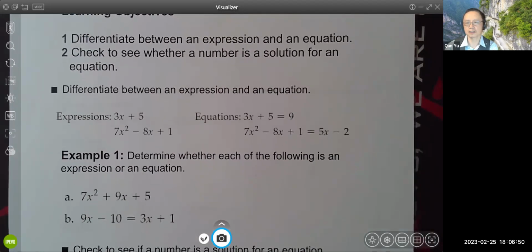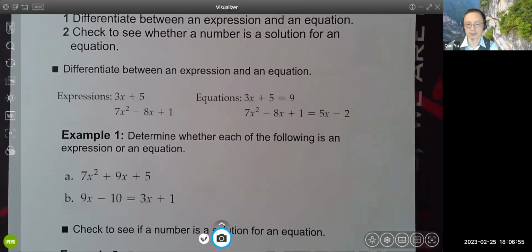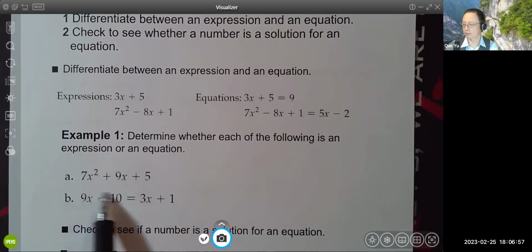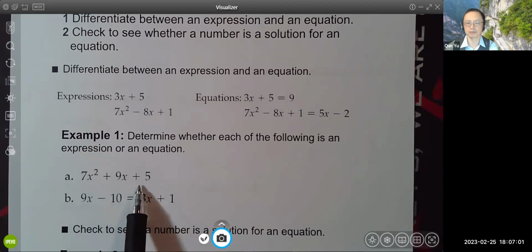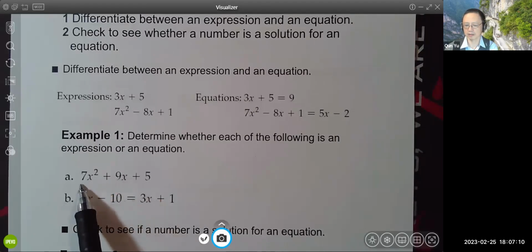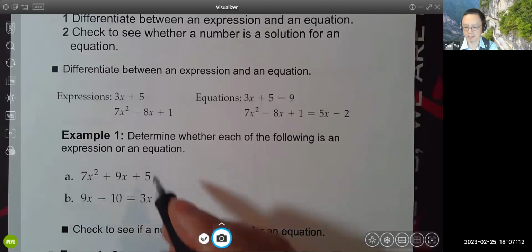Determine whether each of the following is an expression or an equation. So the first one, this is an expression. Basically, an expression is just terms that are connected by either plus or minus. Each unit is called a term.